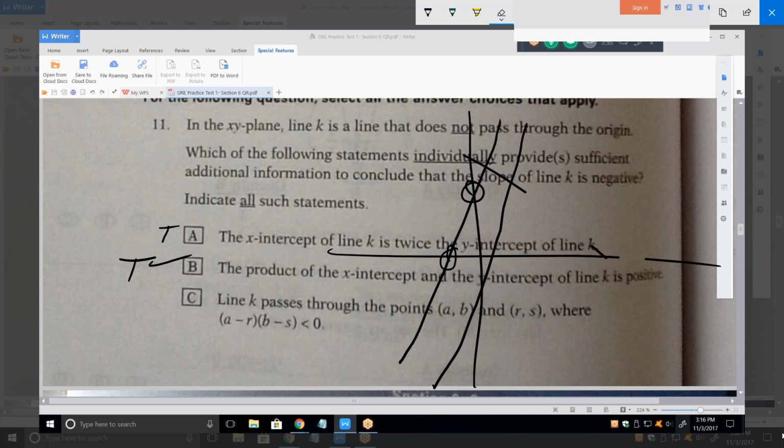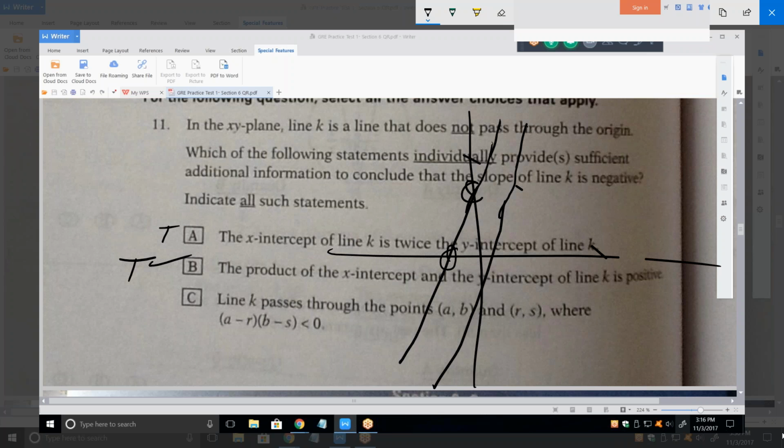All I'm doing is trying to find a positive slope line that disproves B. In other words, if I could find a positive slope line where the product of the x-intercept and the y-intercept was positive, then it would disprove B. But I can't do it.